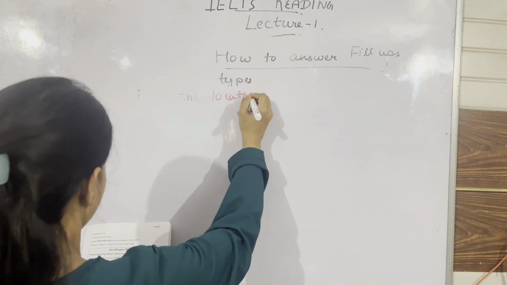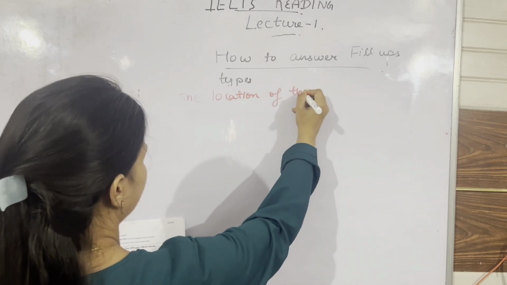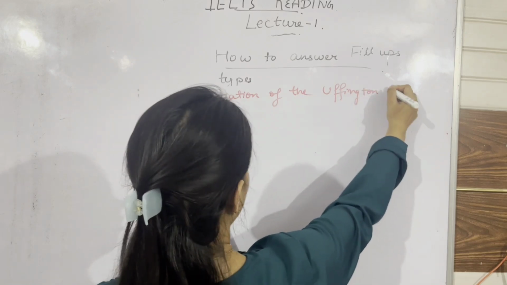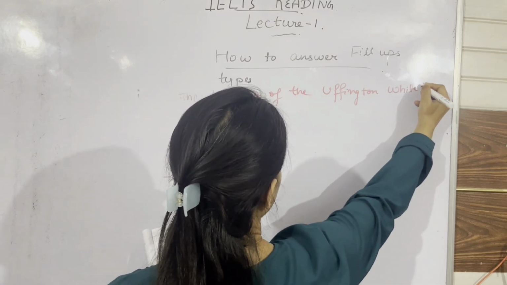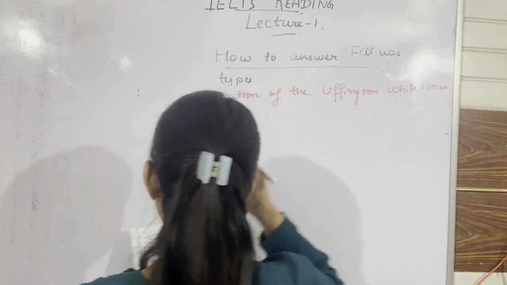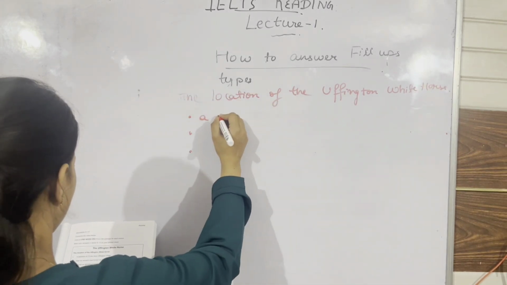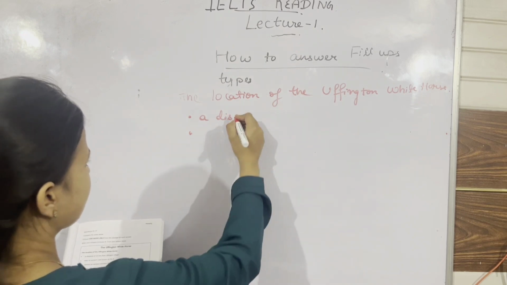So we have the location of the Uffington White Horse. Full stop. 3 points are given. A distance, 2 points.